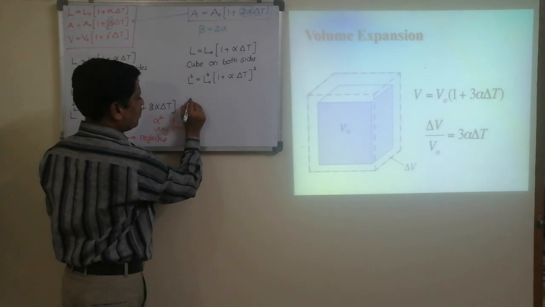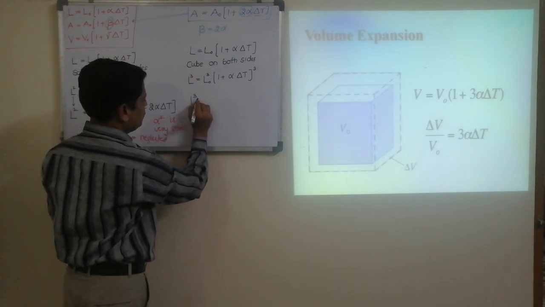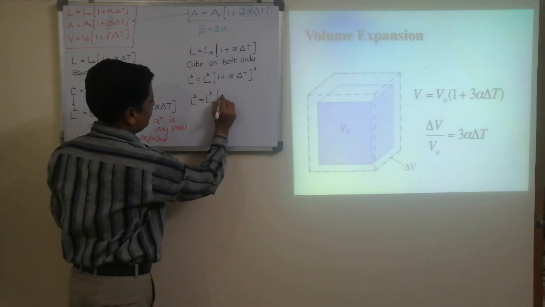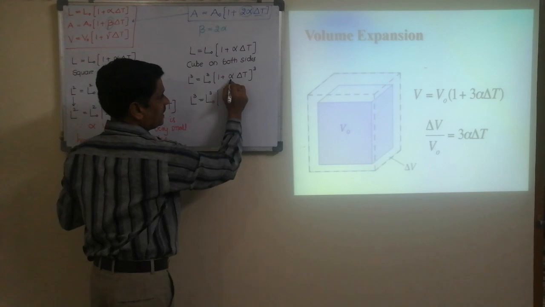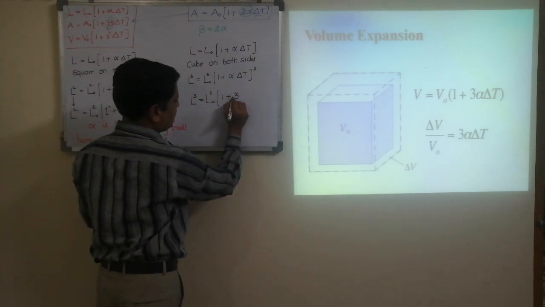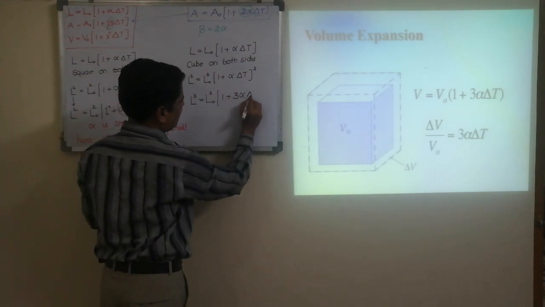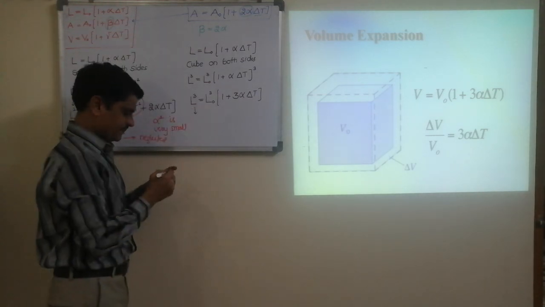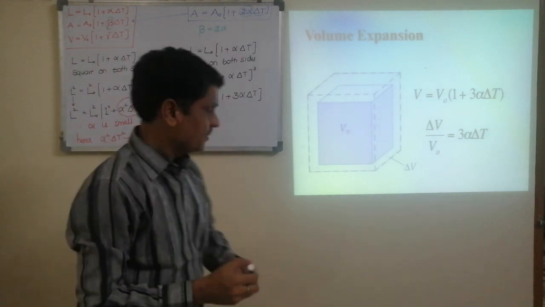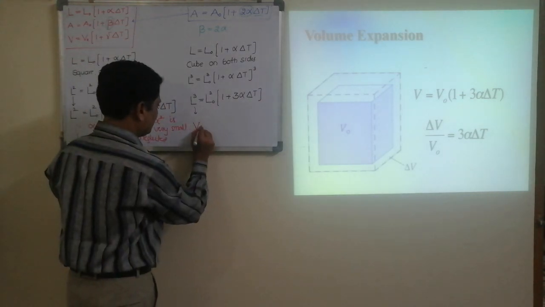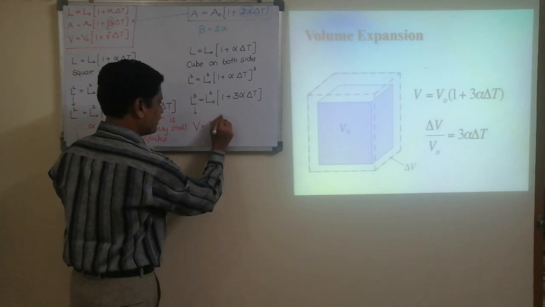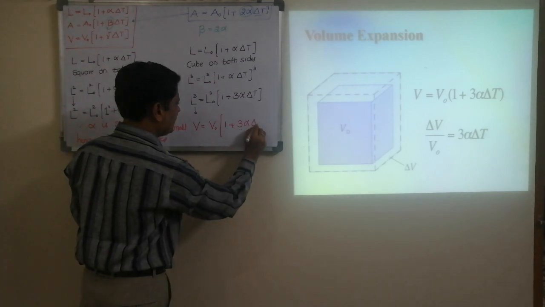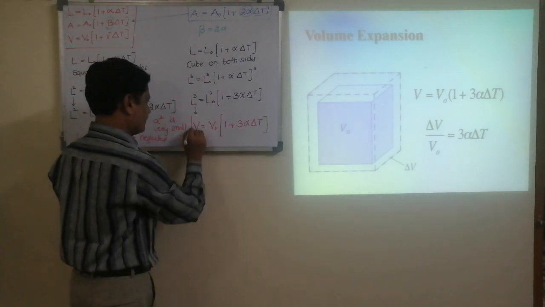If I expand binomially, this power is multiplied to the second term, that is 3 alpha into delta T. L cube is nothing but volume V. This becomes V naught in bracket 1 plus 3 alpha into delta T. Right?